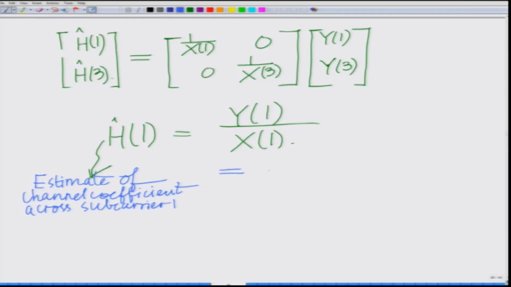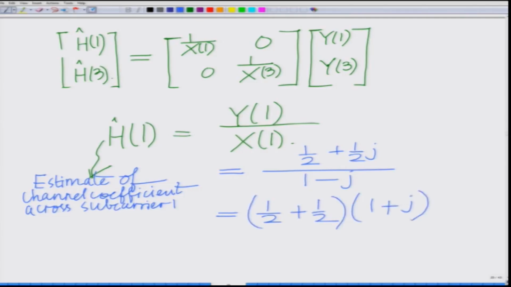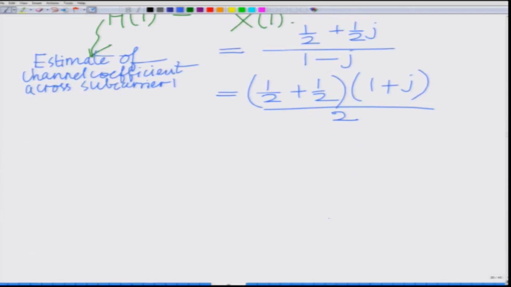This is equal to half plus half j divided by 1 minus j, which, rewriting it using the properties of complex numbers, is 1 plus j divided by 2, which is equal to 1 over 4 times 1 plus j times 1 plus j, which is 1 plus j square, and you can check this is equal to half j.